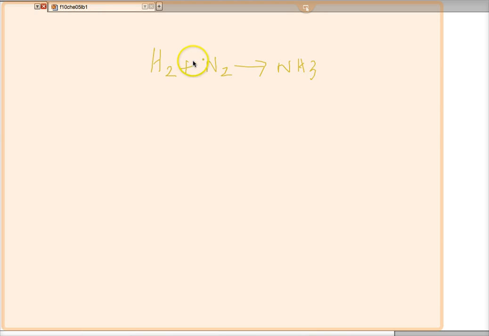Let me balance this. I would put 3 here and I would put 2 here. Can you see that a gas is still formed here? But can you see that I have more molecules of gas on the left, on the reactant side, and less on the product side?